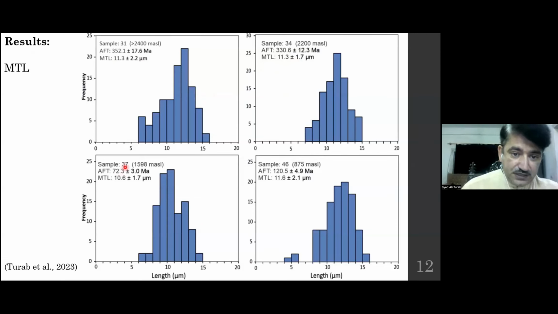Whereas sample 37 and sample 46, with apatite fission track ages of 72 and 120 million years respectively, and elevations of 1600 meters and 875 meters respectively, were most probably residing in the partial annealing zone. This is shown by the lower values of mean track length for sample 37 and the bimodal distribution of the track lengths for sample 46, with the older tracks showing track shortening and annealing, and the younger tracks showing longer lengths.